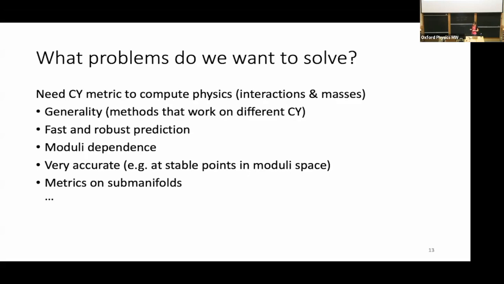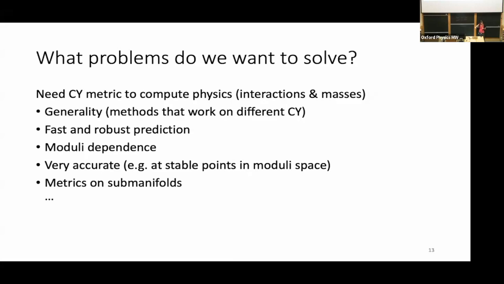We want accuracy, and this accuracy can vary. So maybe for most points, we don't care too much. Maybe we're fine with something that is on the percent level or 0.1% or something like that. But once we zoom in on the points where we actually find the model that describes our universe, then we want to compute the electron mass to the accuracy that we have in experiments.